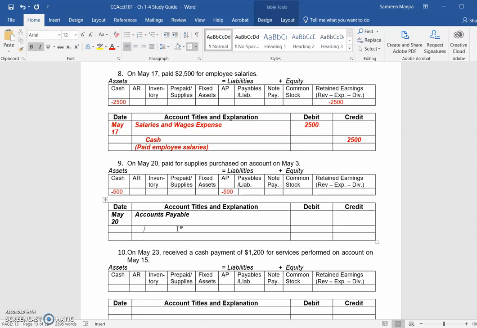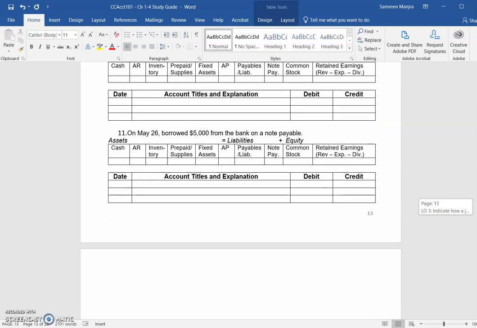So when our assets go down, that's going to be a credit. So I'm going to include the dollar amounts in the debit and credit columns. And our description can be payment for the supplies, which we already purchased.